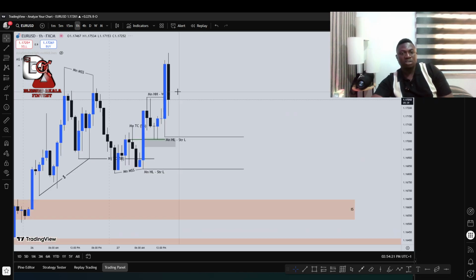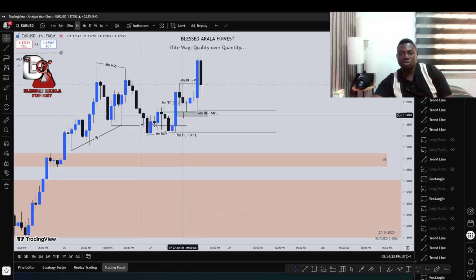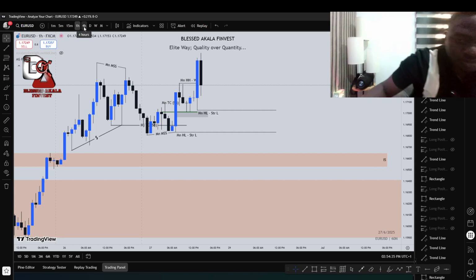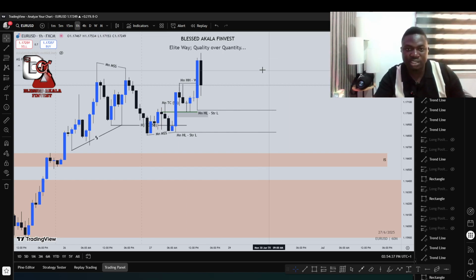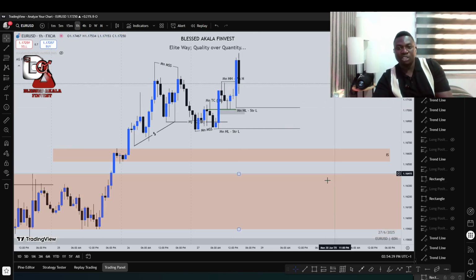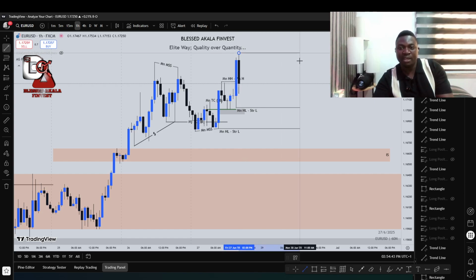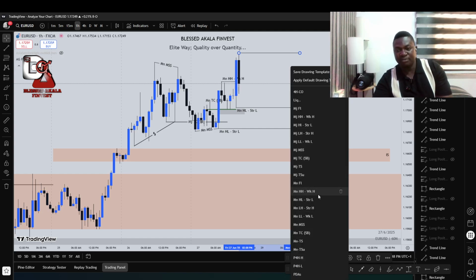Okay, so if we look, we will be able to see what is happening if we understand what is going on with the 4 hour candles. So we will look closely at that. Then from what we have here on the minor structure, we will know that this will be our weak high, which we are anticipating price to raid on a lower time frame.